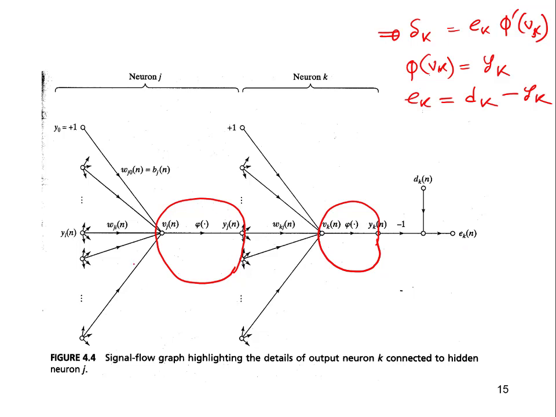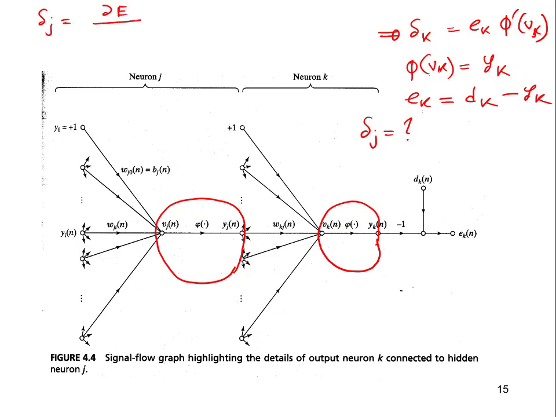For the hidden layer neuron, our main goal is to compute delta j. So how can we compute delta j? Let's figure it out.